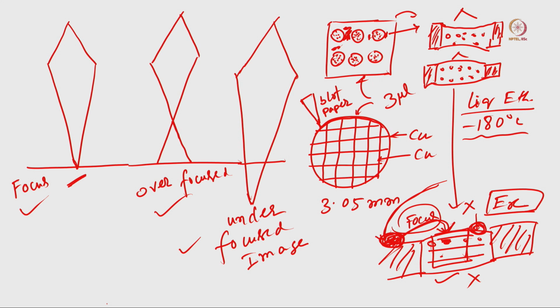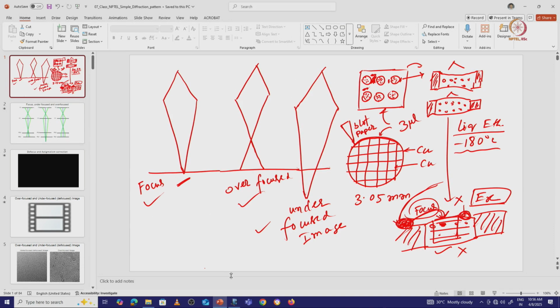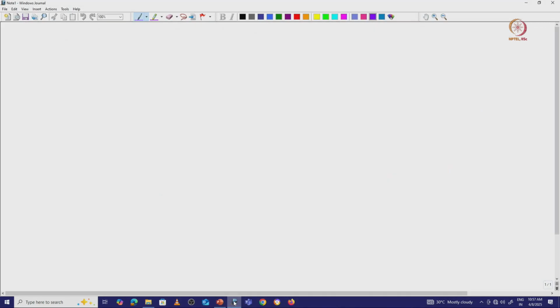How this is happening, I will come back to and show with a video. Before that, let me explain a little bit more with a ray diagram again. You notice that in the focused image, the electron beams are focused here. This is the focused image.